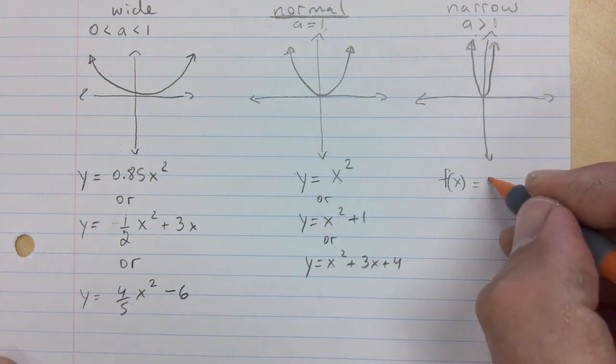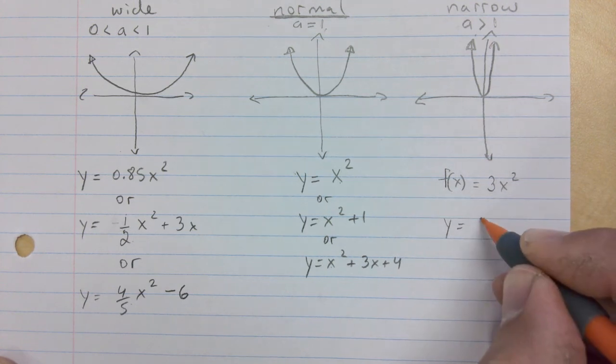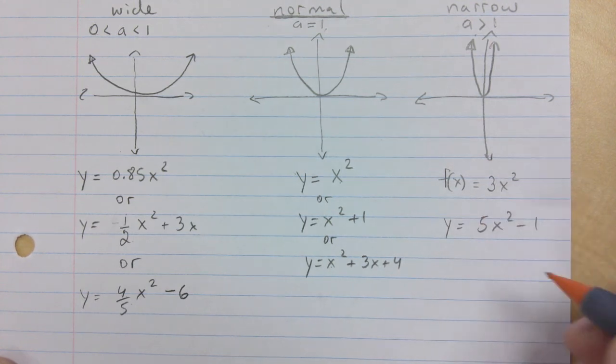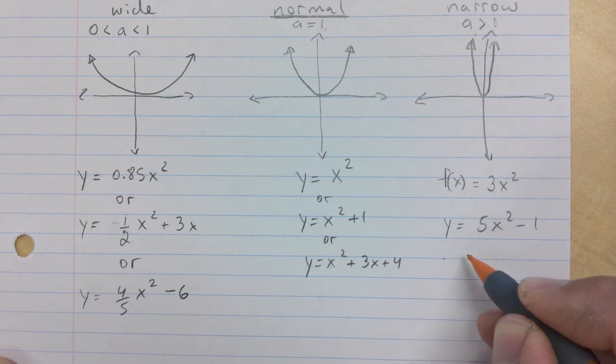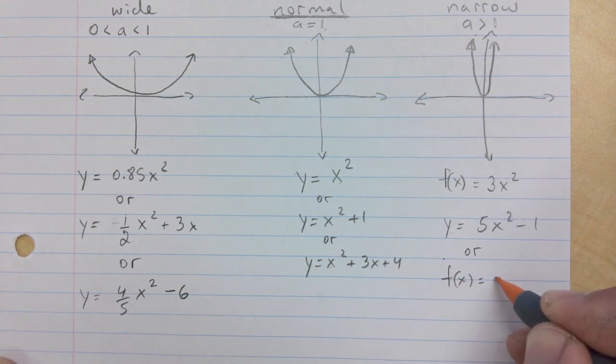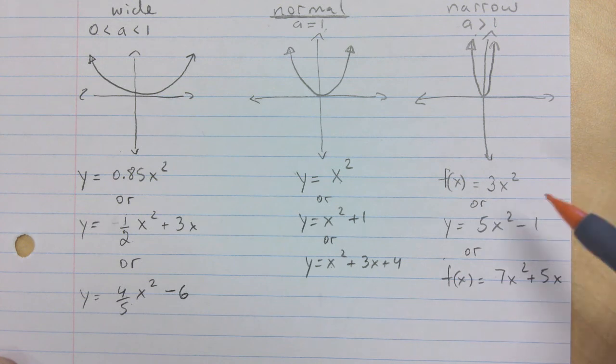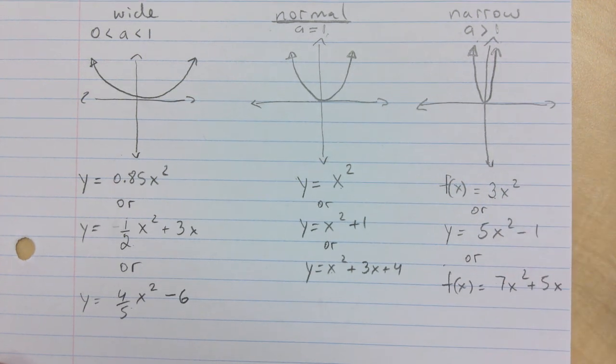So anything bigger would be 3x squared, y is equal to 5x squared minus 1, or f of x is 7x squared plus 5x, for example. So in every single instance, a is bigger than 1 here.